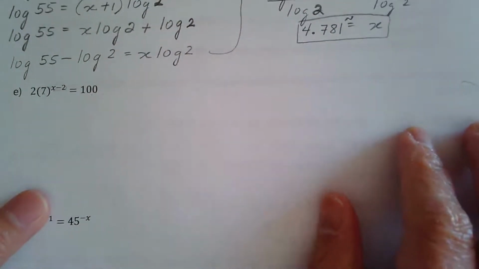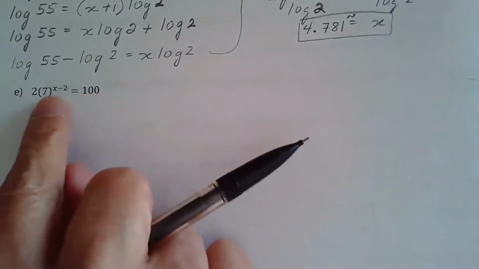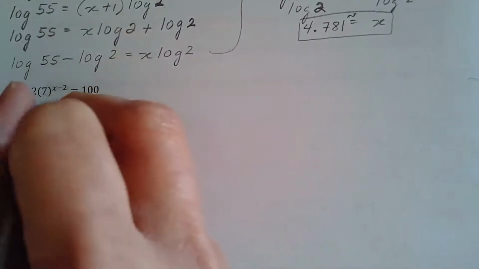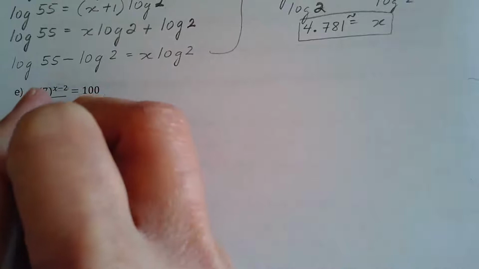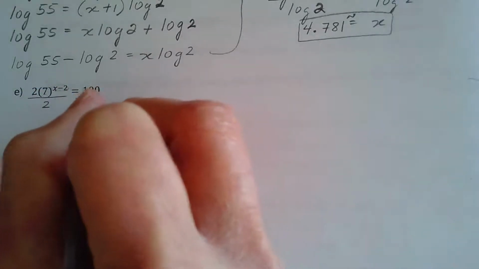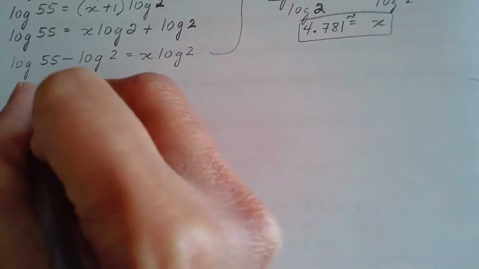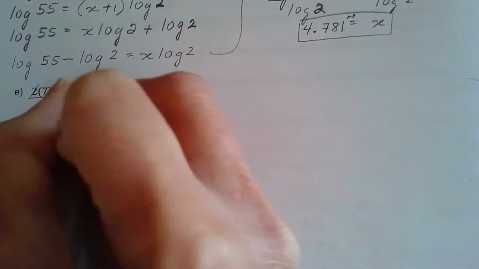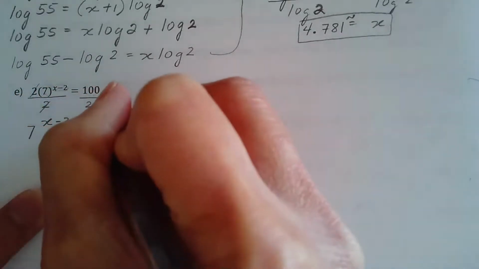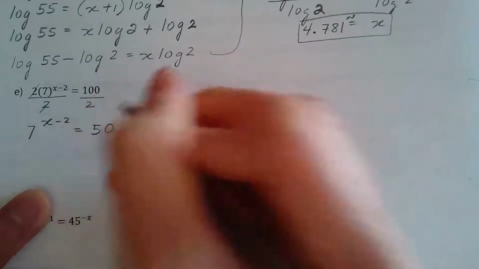So we can simplify this a little bit. We can divide both sides by 2, so the 2 would cancel. We're left with 7 to the exponent x minus 2 equals 50.